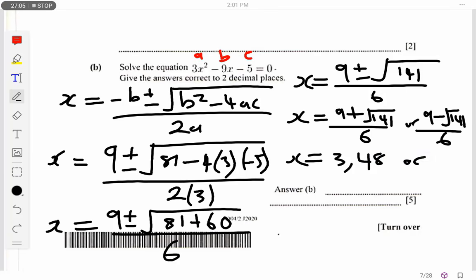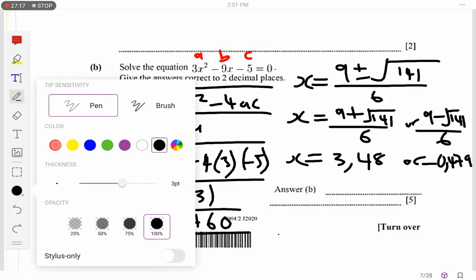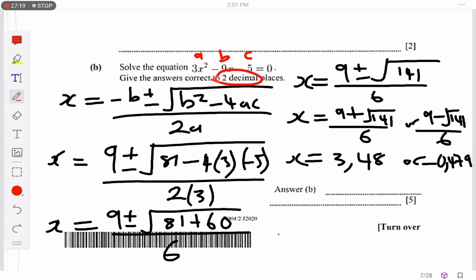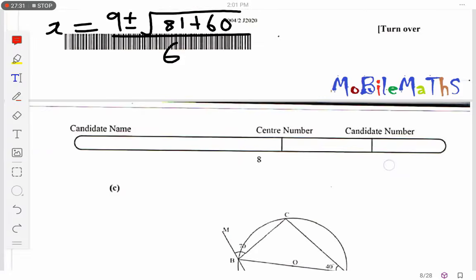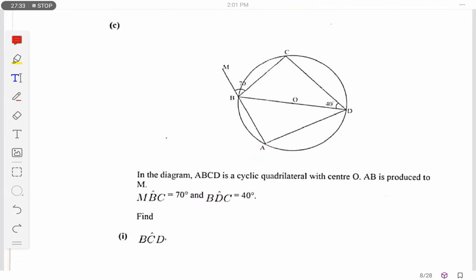Then for the other, I'm getting minus 0.479. They said our answer should be in 2 decimal places, so we must have 2 decimal places. The answer is going to be 3.48 or minus 0.48. That's how we answer that one. Let's move on to the next question.